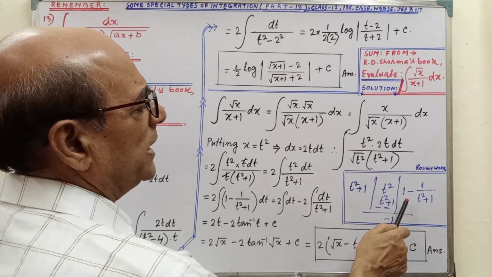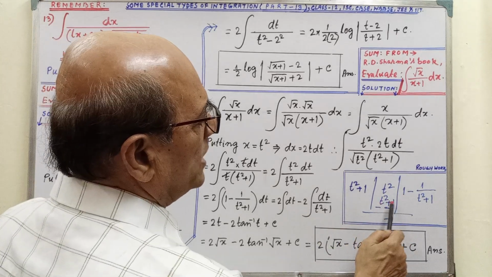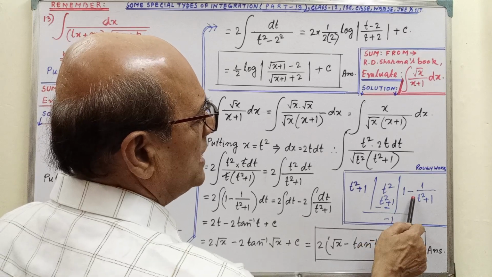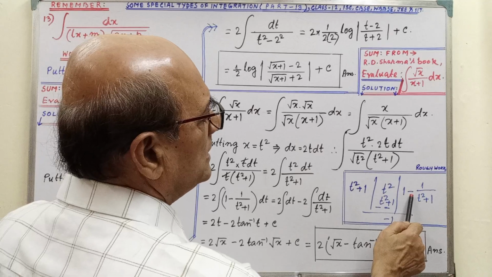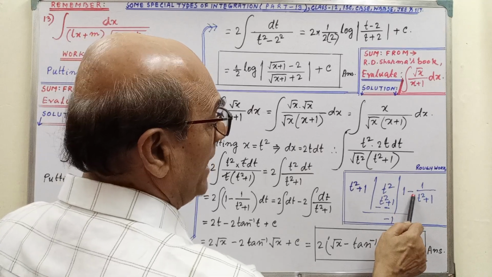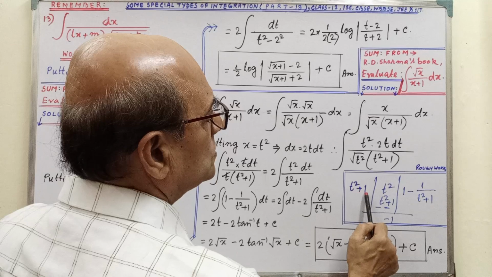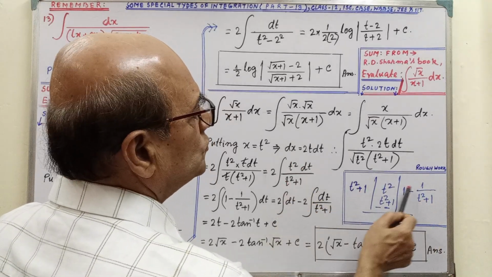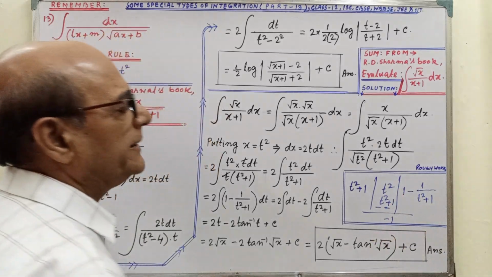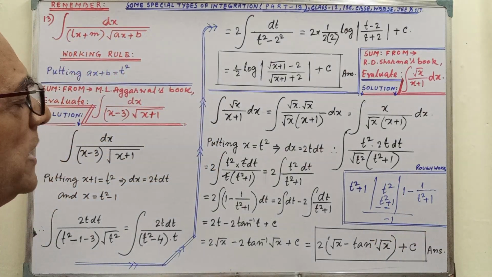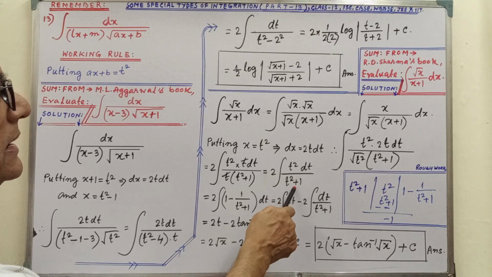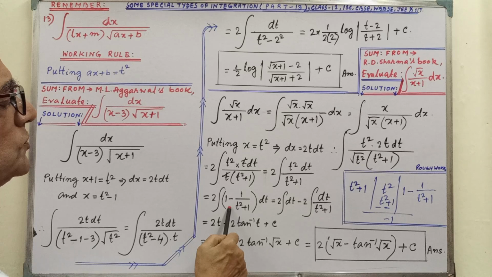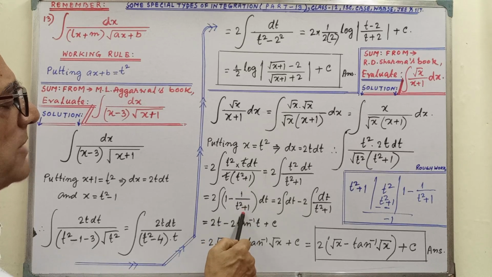By dividing, we are getting 1 as quotient, and by changing the sign, the remainder is minus 1. So t square by t square plus 1 equals 1 minus 1 by t square plus 1.